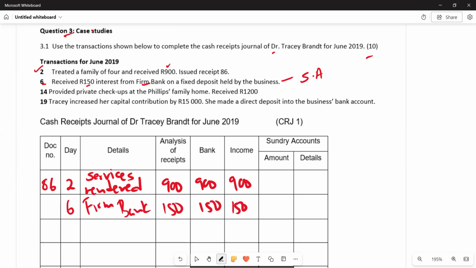So we are going to say the amount is 150. And on the details part, we know that this is interest that has been earned, so we're going to say interest received. Interest received, that's it, and then we can move on to the next transaction that we have there. Let's just see.